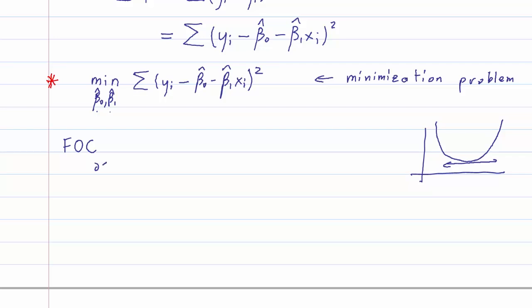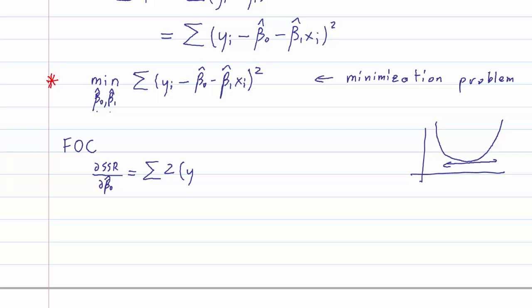So d SSR over d beta 0 hat is equal to, so the derivative of a sum is the sum of the derivatives. So we have the sum here. And then we have something squared, so the 2 comes in front.